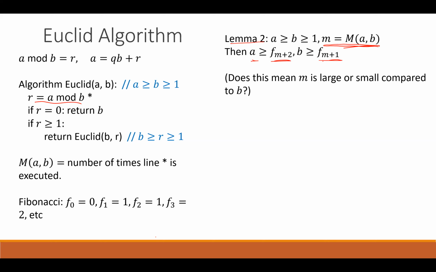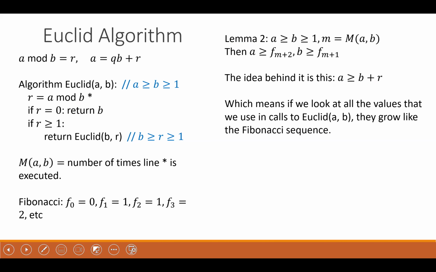Which means that the inputs are going to basically shrink a lot faster. So does this mean M is large or small? We'll answer that question, but hopefully it's a little bit obvious.